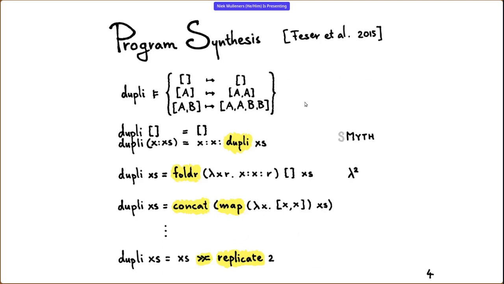And then there's, for example, the synthesizer Lambda Squared by Feser et al. That would implement this function using foldr. Now, technically, Lambda Squared could also implement dupli using a left fold, but I haven't shown that one in the slides. But in general, Lambda Squared uses recursion schemes or catamorphisms to implement functions.